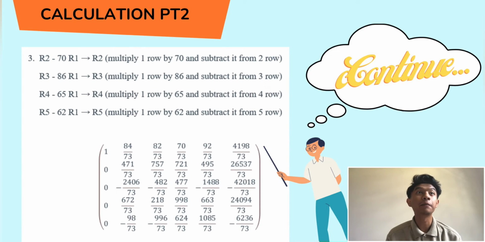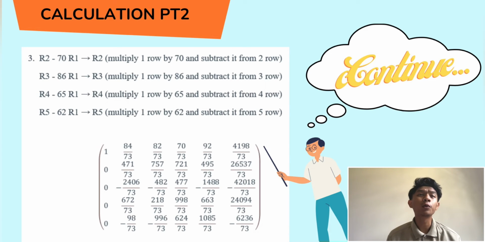For the next step, we make R2, R3, R4, R5 in column 1 equal to 0. How? For R2, we multiply the first row by 70 and then subtract it from the second row. For R3, we multiply the first row by 86 and then subtract it from the third row.